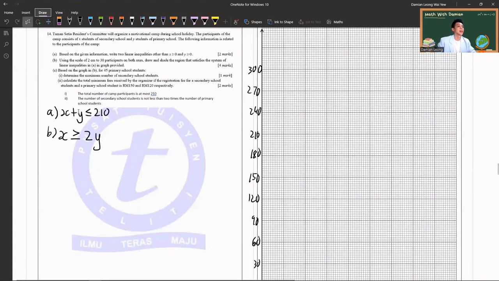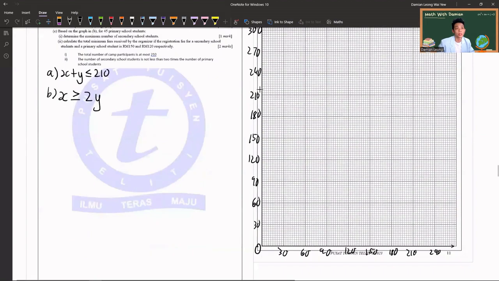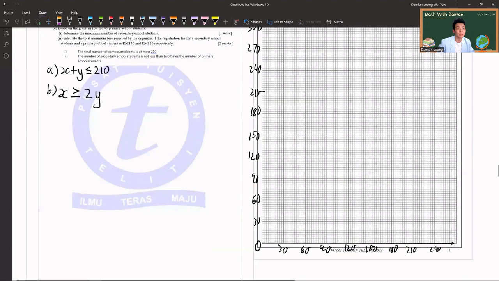So this one, x plus y less or equals 210. Basically, you form the equation x plus y equals 210 for the line. So when x is 0, y is 210, y is 0, x is 210. So I just put x and y intercept 210. That would be for the first inequality, x plus y equals 210.